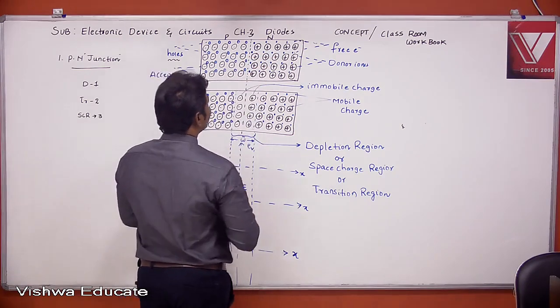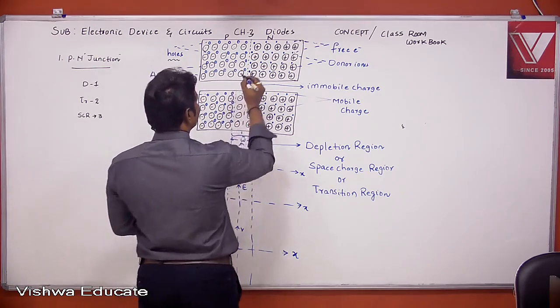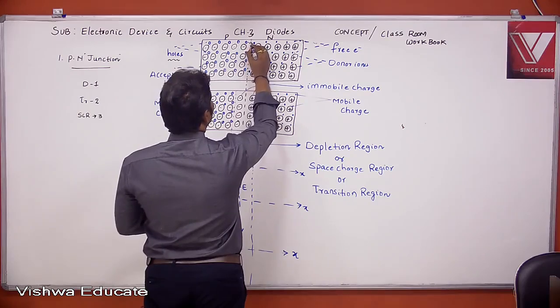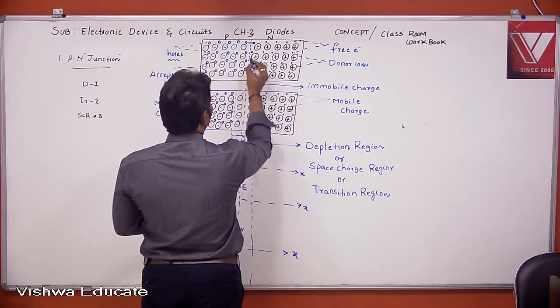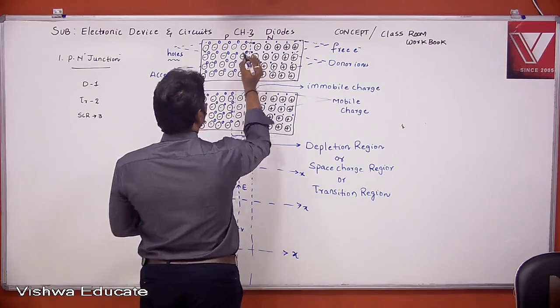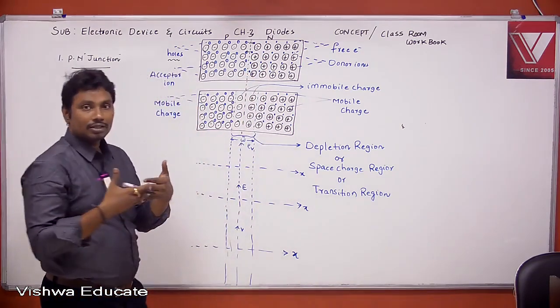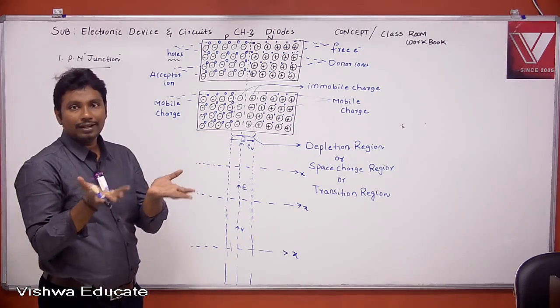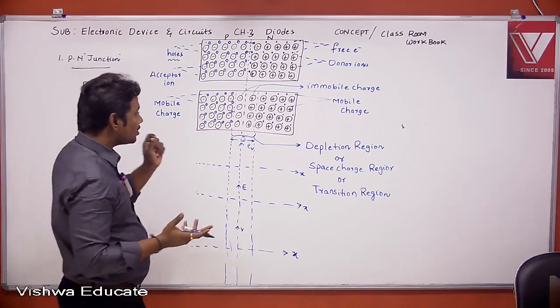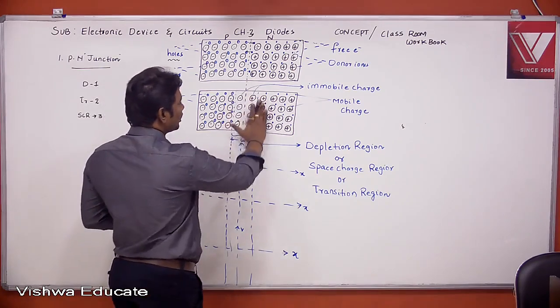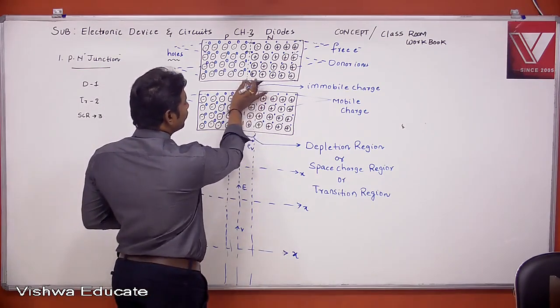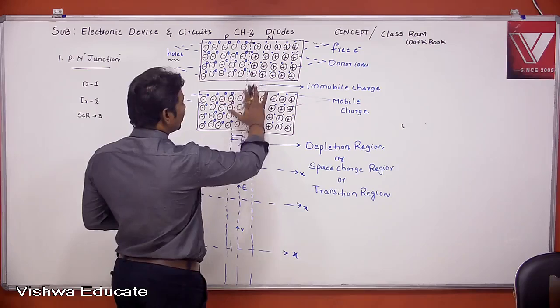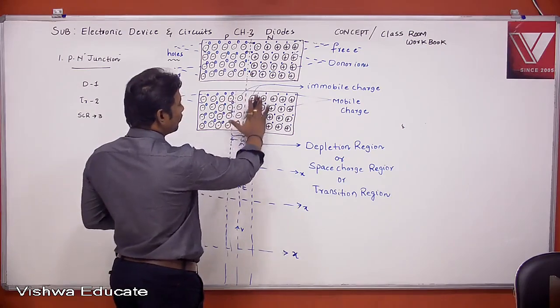Due to this concentration difference, or concentration gradient, the holes diffuse into the N side and electrons diffuse into the P side. At the junction, both electrons and holes recombine with each other and disappear. As a result, immobile charge carriers are formed as a region.